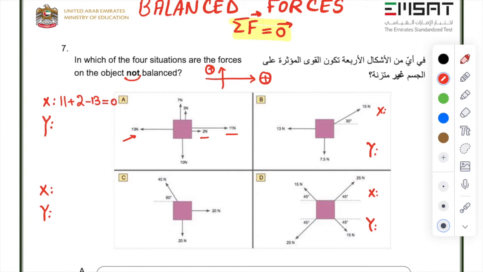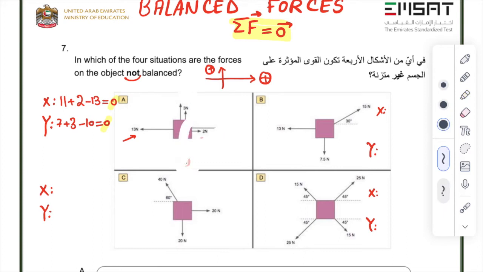On the y-axis, I have downward 10, upward 7, and upward 3, giving me positive 7, positive 3, and negative 10. So both nets are equal to 0. So basically it's not A.